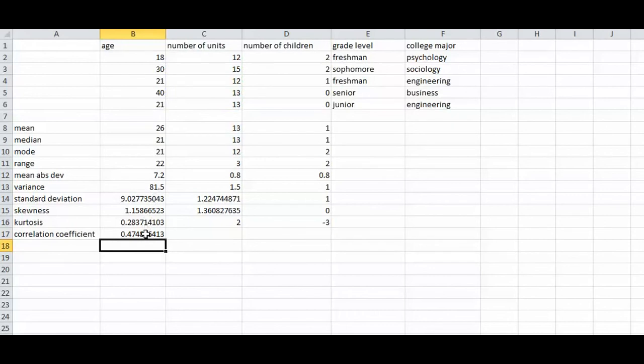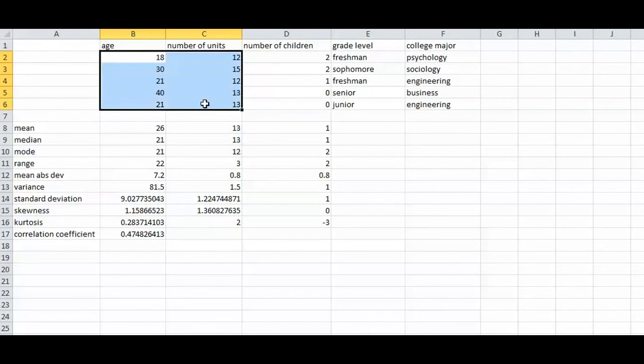It gives us a correlation coefficient of positive 0.47, and that's a positive number, which means that in this data set, we have a positive correlation between these two variables. Let's make a scatter plot to show that it actually is a positive correlation.